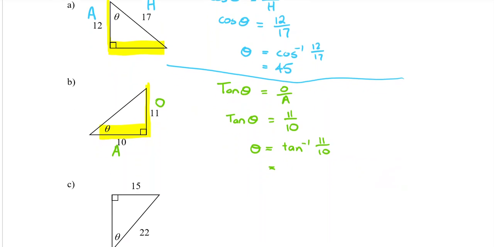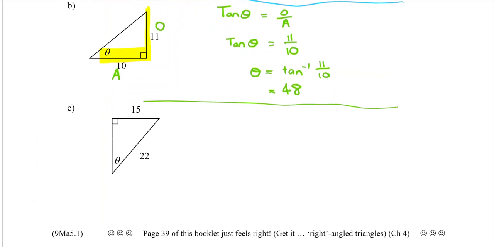To the nearest whole number. I don't want any decimal places. But after the 7, there's a 0.7, isn't there? So that means you're going to round it up to be 48. Good. Always the nearest whole number for these.